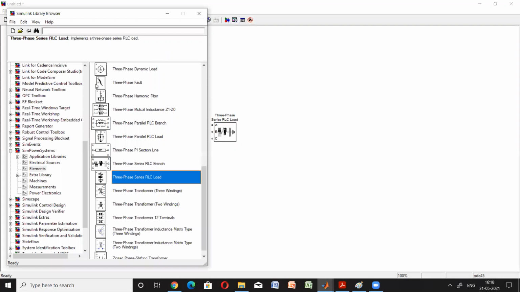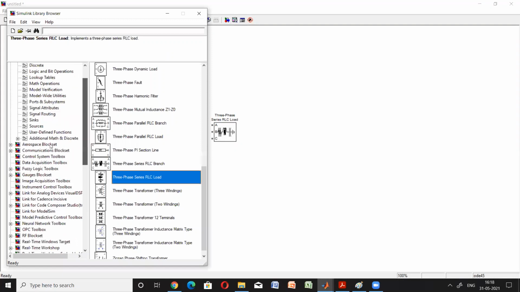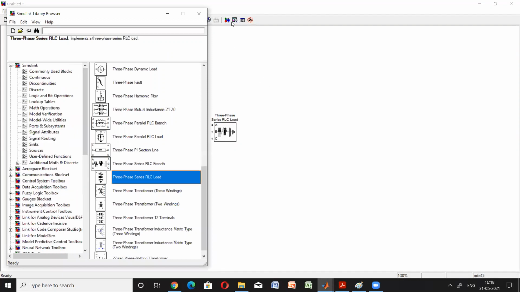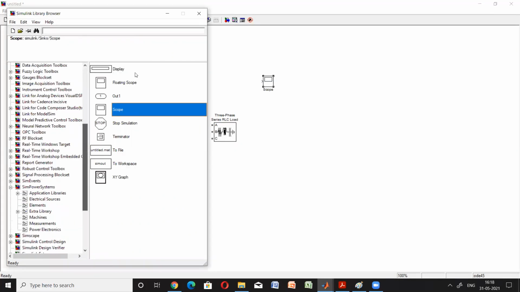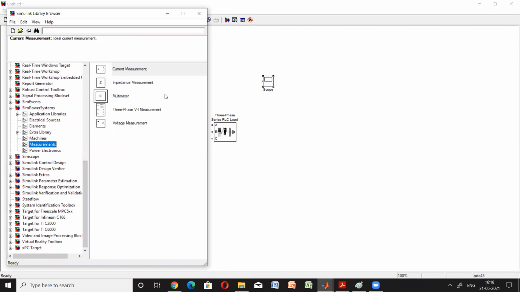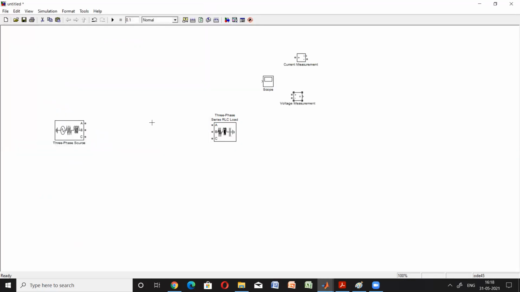suppose I am taking a scope, I am taking an ammeter from the measurement block, current measurement, and I am taking one voltage measurement. Okay, and suppose I am connecting this circuit like this, very simple, A to A, B to B, and C to C. And suppose we have a scope here, and suppose this is the ammeter.